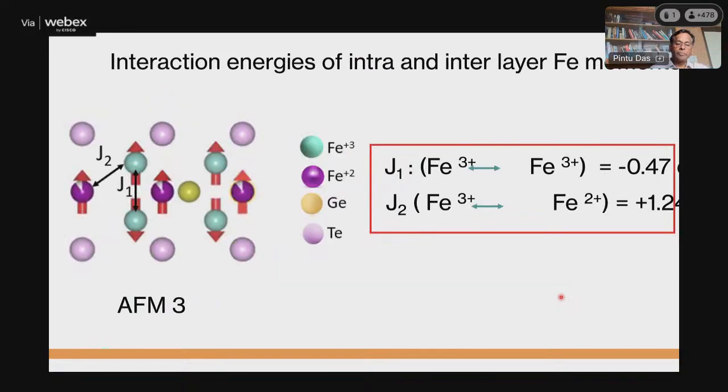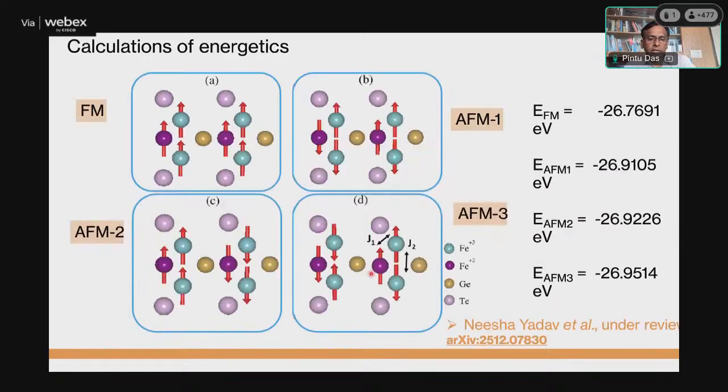Okay, now once we know that this is the lowest energy state, what we see here is that two iron atoms, Fe3+ and Fe2+, they are ferromagnetically coupled, right? Fe3+ and Fe2+ is ferromagnetically coupled, and Fe3+ and Fe3+, they are antiferromagnetically coupled in each layer.